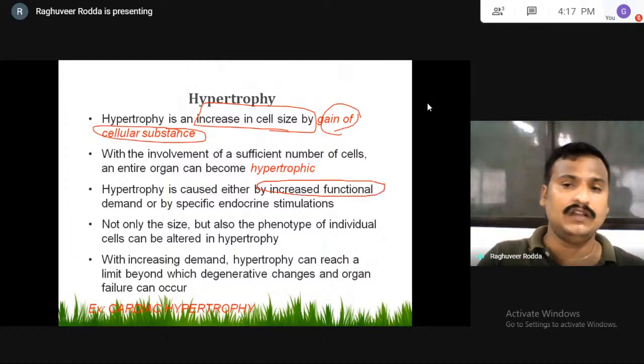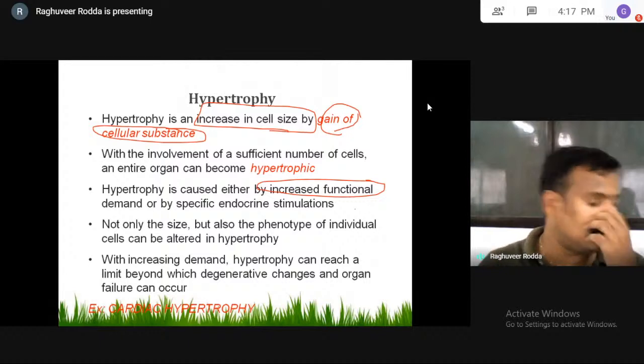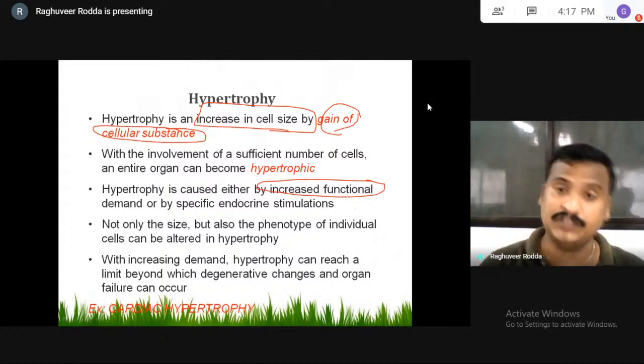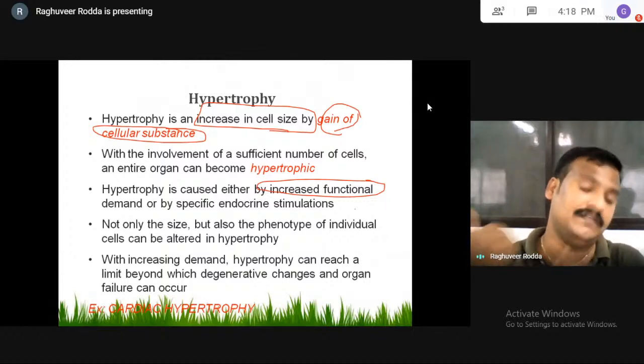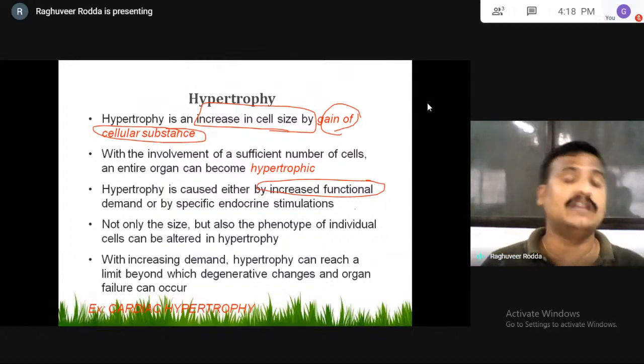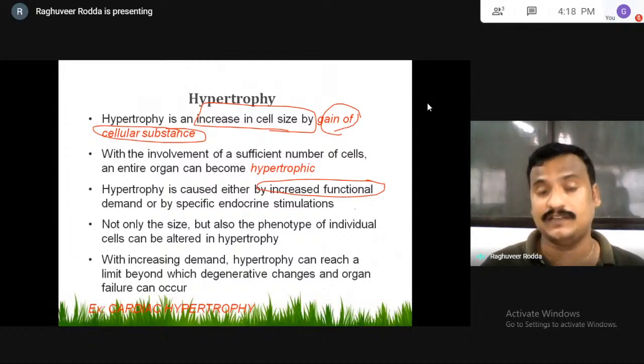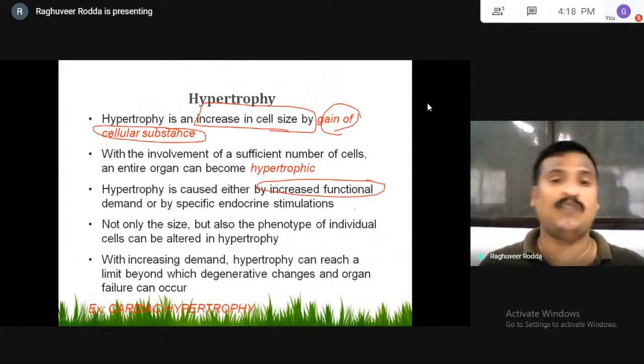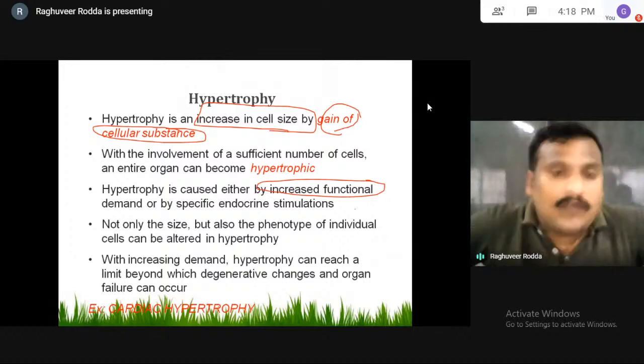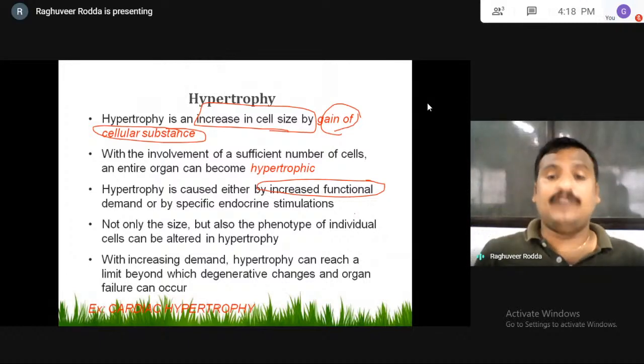Whenever the demand on one particular organ or tissue is increased constantly, there may be a physiological stress on that organ, which will lead to hypertrophy, an increase in cell size. The presence of a muscular body is one of the hypertrophy conditions.